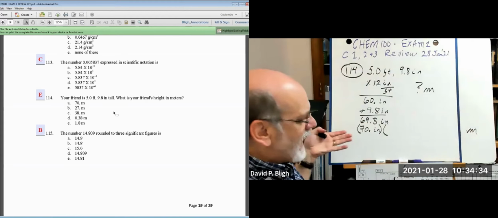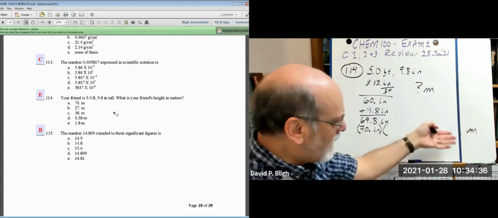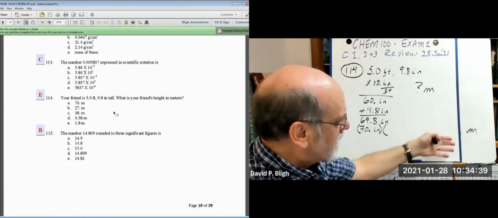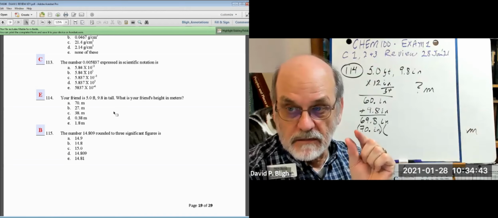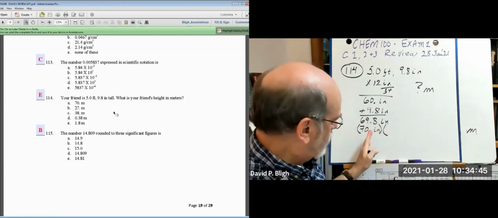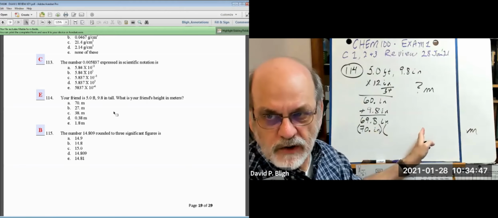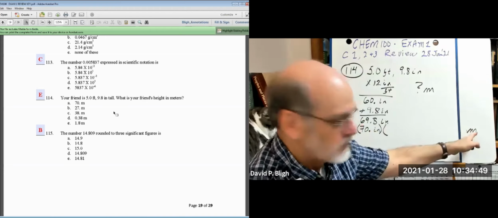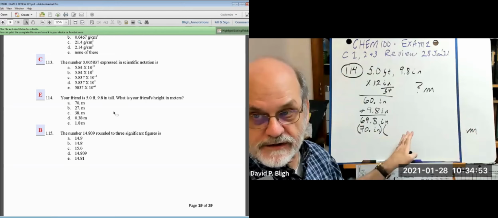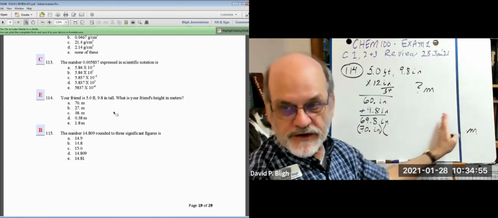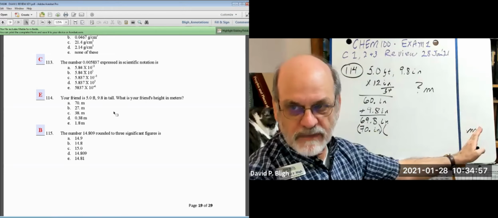So if we're coming backwards, and we want to go to meters, well, inches is a lot smaller than a meter. So our first conversion is going to give us a small unit, and we want to go to meters, so we're going to take this to the metric system, and then we're going to adjust the size of the unit to the metric meter.